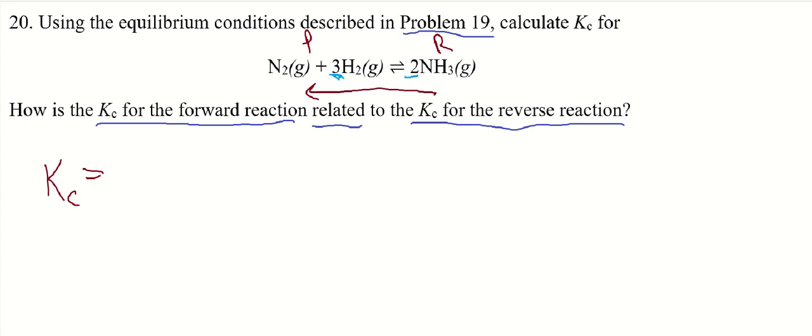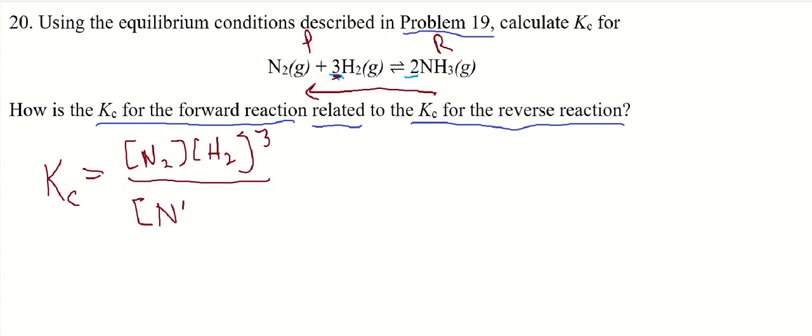Now the products, we're still going to write on the top. The concentrations of the products is going to be the nitrogen concentration times the hydrogen concentration, raised to the third power because of the coefficient in the balanced equation, and that's going to go over the concentration of the reactant, which is ammonia, raised to the second power because of the coefficient in the balanced equation.